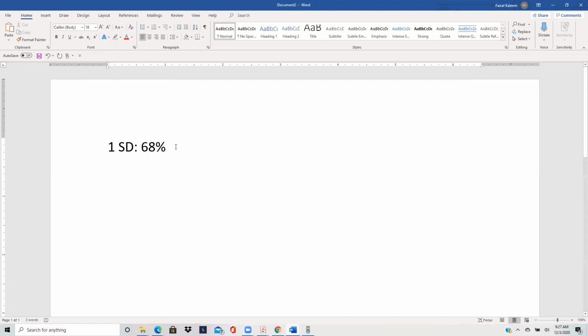And that's the area in between. And then three standard deviations. Okay. And then in every empirical rule problem, you first draw the picture.